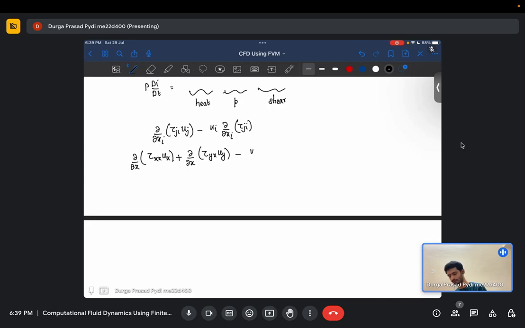Similarly, on the right hand side, you will have ux del x of tau xx minus ux del x tau ix, plus uy del y tau xy, ux.